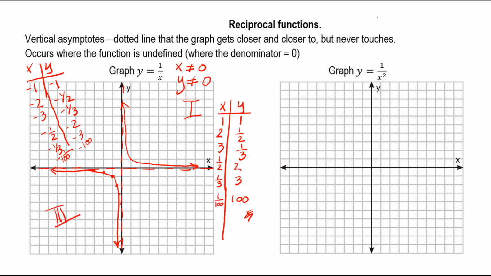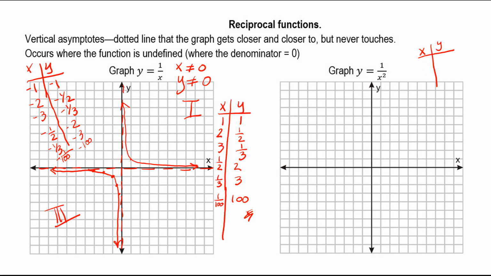But when we have y equals 1 over x squared, we're never going to go below the x-axis because this can never be negative. X squared is always positive no matter what x is. It's going to look very similar to y equals 1 over x, except it'll be in the first and second quadrants.